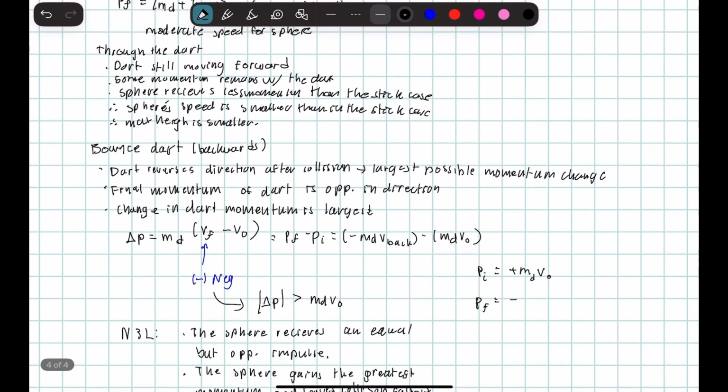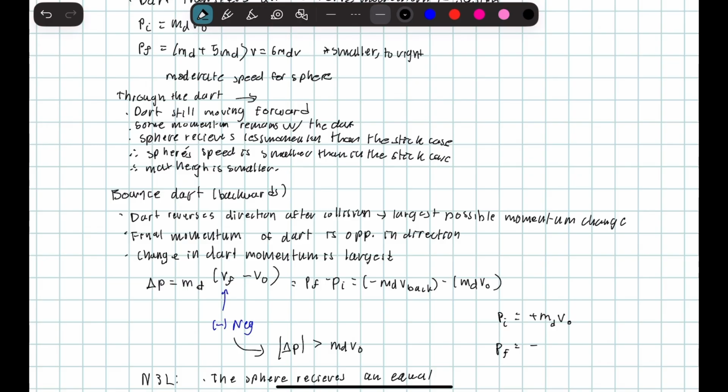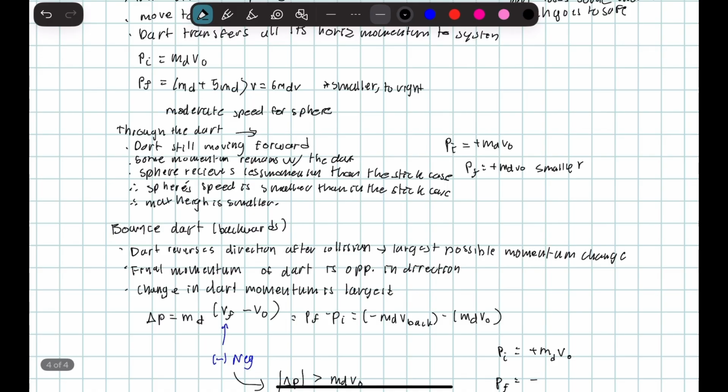But when we look at the pass-through dart case, the dart comes in moving right, and then it passes through and keeps moving forward. So for the momentum change of the dart, P initial is positive m_d v initial. The P final is still positive, m_d v final, but a little bit smaller.